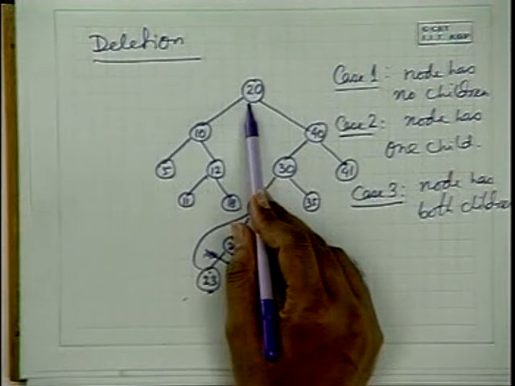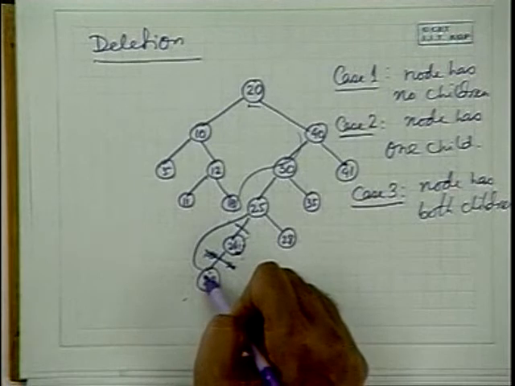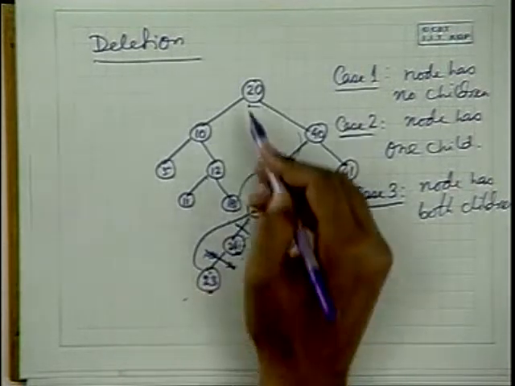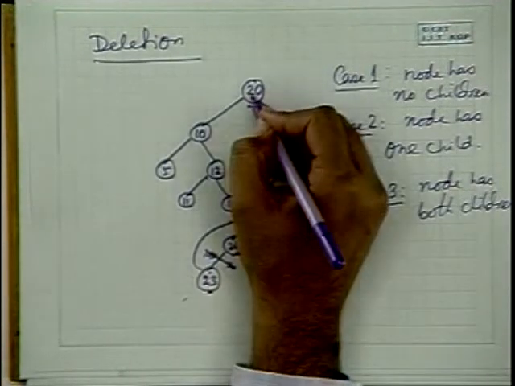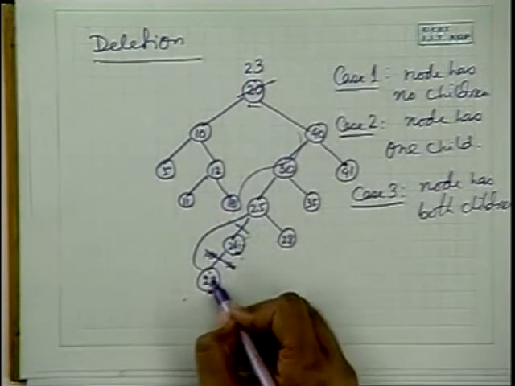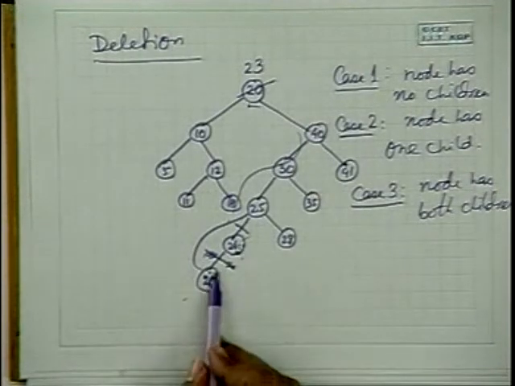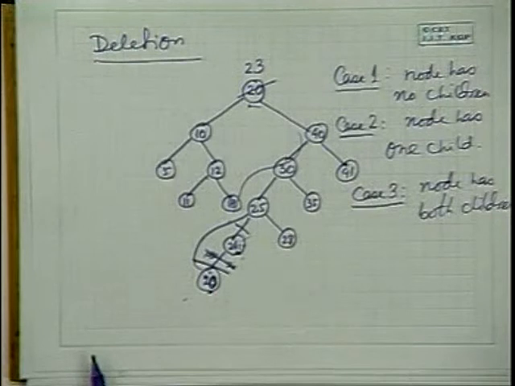We know how to find the successor of a node. In this case, our successor will be 23. Exchange this 23 with 20. So 20 goes away, and 23 comes here. Just exchange. Okay. Now we are going to delete this one.